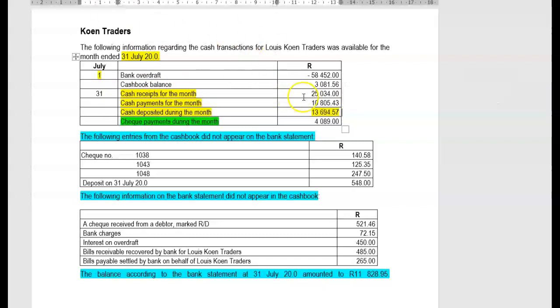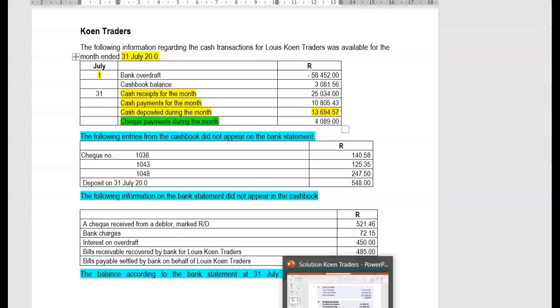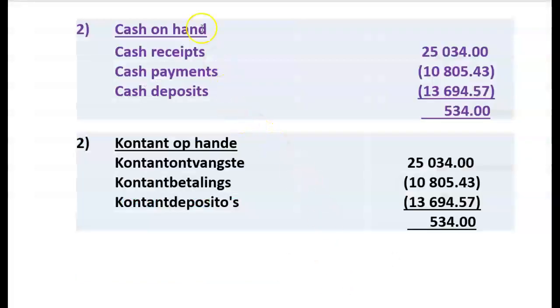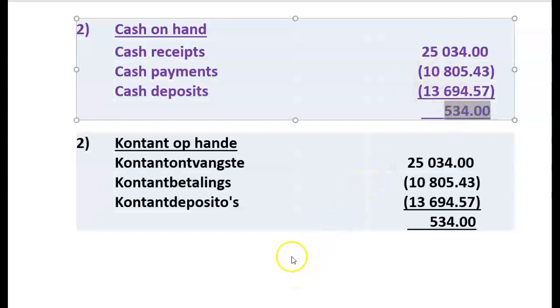Because we received some cash, we paid some cash, and whatever we retained during the month, that we've actually deposited into the bank account. So that reduced our cash amount on hand. Cash receipts, less cash payments, less the amounts deposited means that at the end of the month, we should have 534 Rand worth of cash in the entity.